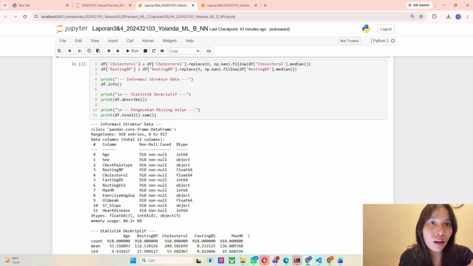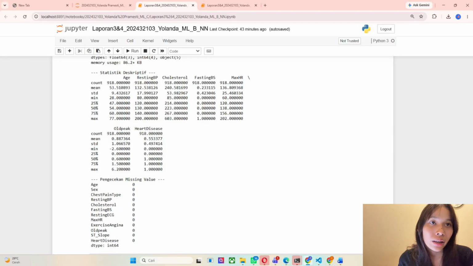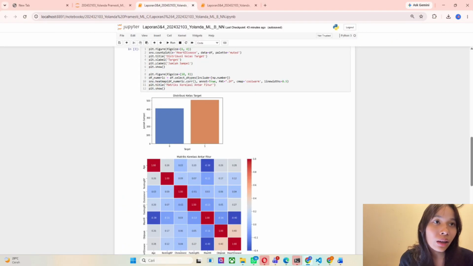Conversely, MaxHR, or maximum heart rate, shows a significant negative correlation, meaning a lower maximum heart rate is frequently associated with heart disease presence.